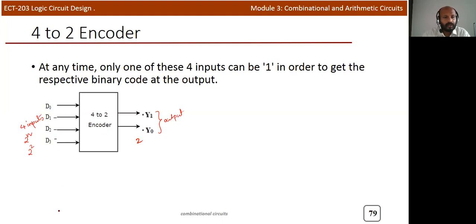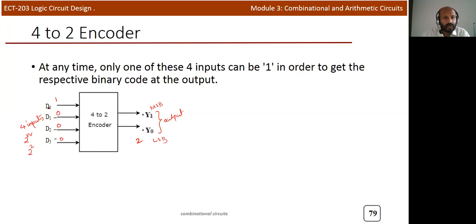Now we can discuss the working of this particular circuit. For example, if D0 is equal to 1 and D1 is 0, D2 is 0, D3 is 0, the output of the encoder will be like this, if y1 is the MSB and y0 the LSB.